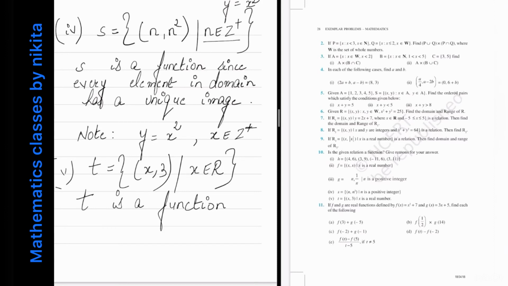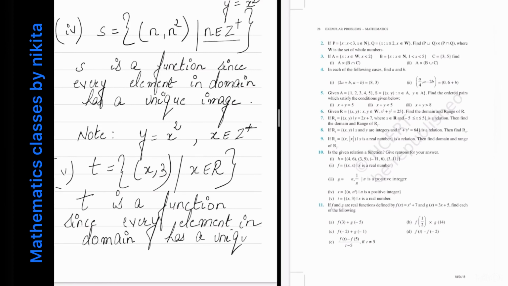So mind that. So t is a function since every element in the domain has a unique image. And note that this is nothing but your constant function.